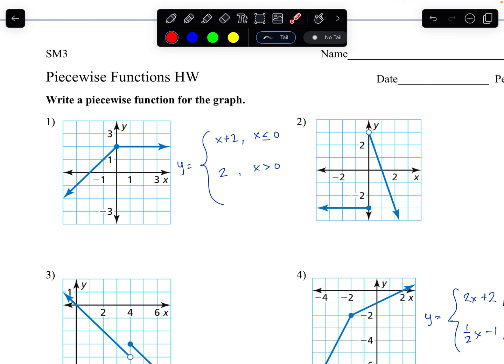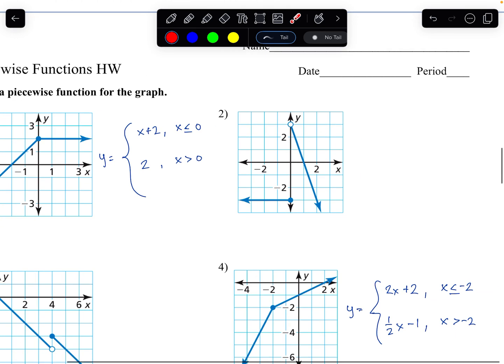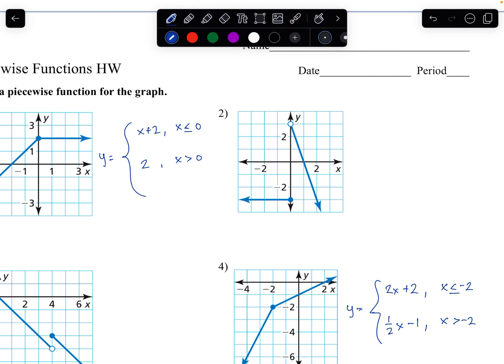Okay, example 2. So we have two pieces yet again, so y is equal to the first piece, the furthest most left piece, is a constant function. This is happening at -3, so we'll say -3, and that's when x is less than or equal to 0.